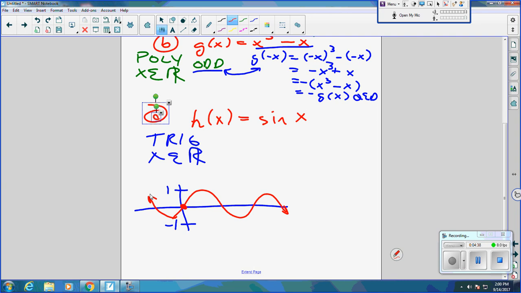I can tell immediately right now that it is not even if we think of this graph. Because an even would look like this, right? It'd be rolling hills, like a first grader making hills in an art class. It is not that. If I rotate this, does it come back here? The answer is yes. So from the graph, we can tell that this function is odd.